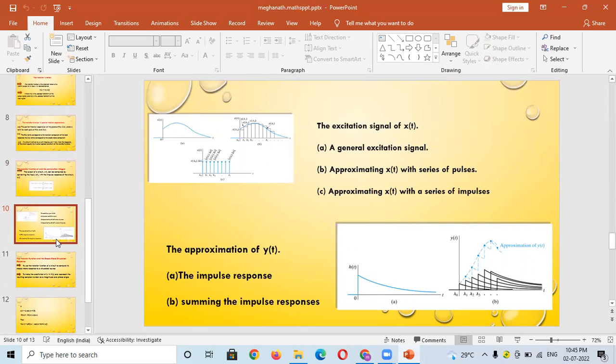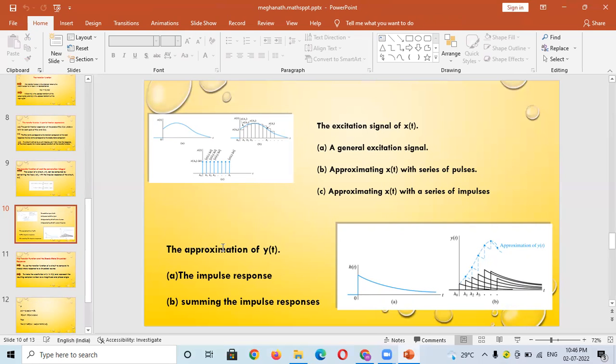This slide represents the excitation signal x(t). The first picture represents a general excitation signal, the second is approximating x(t) with a series of pulses, and the third is approximating x(t) with a series of impulses.